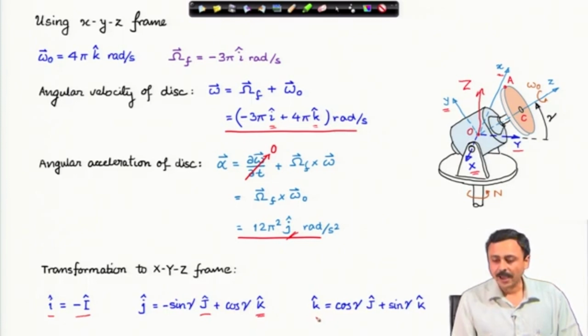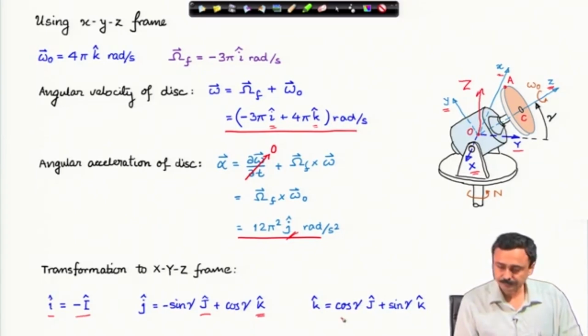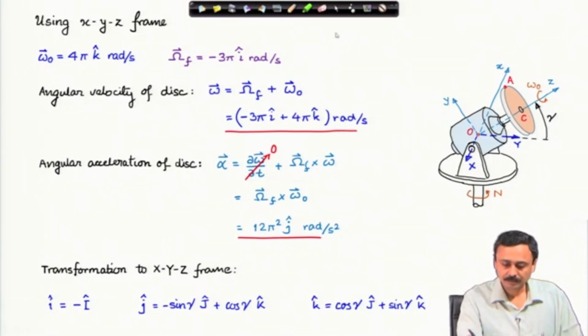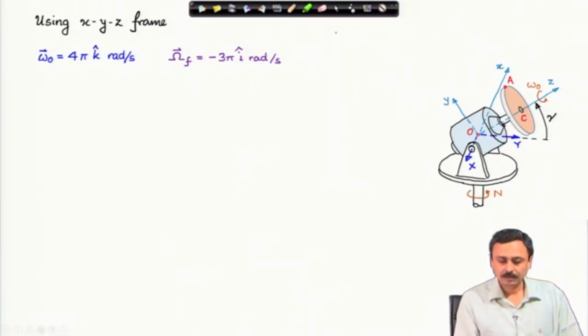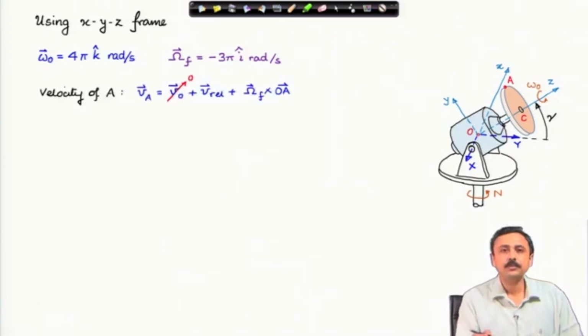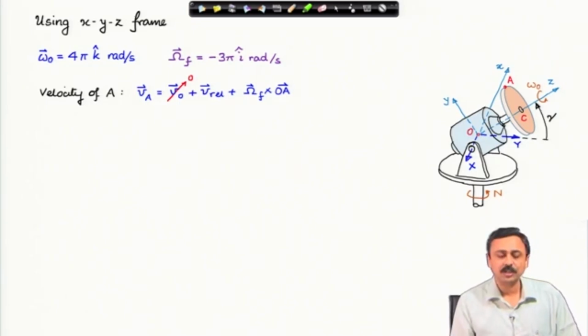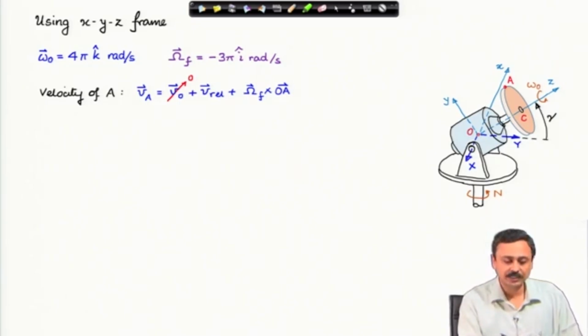Similarly, k cap, which is along the spin axis, can be represented in terms of capital J cap and capital K cap. Once you use those transformations, you can represent all those vectors in the capital X, Y, Z frame.